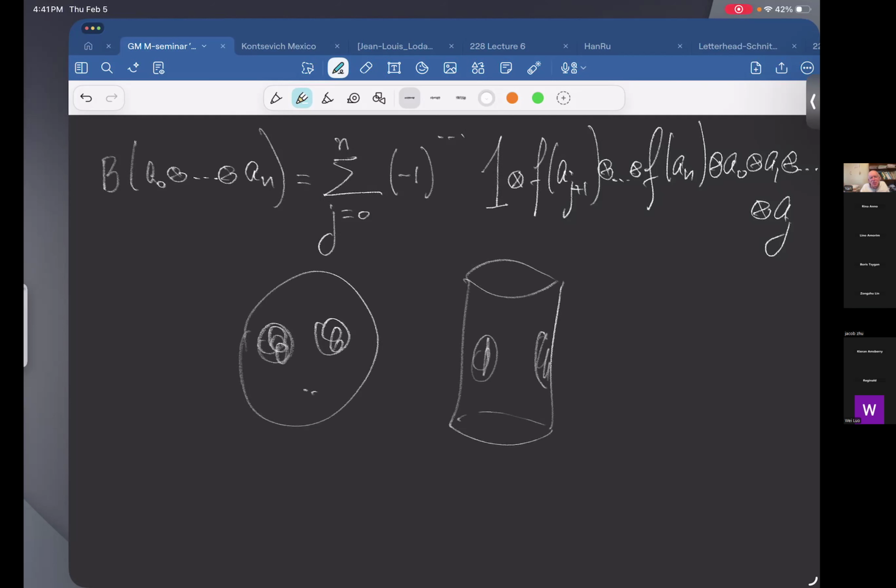But you build some operations for collections of Gauss-Manin connections, so how to combine them?